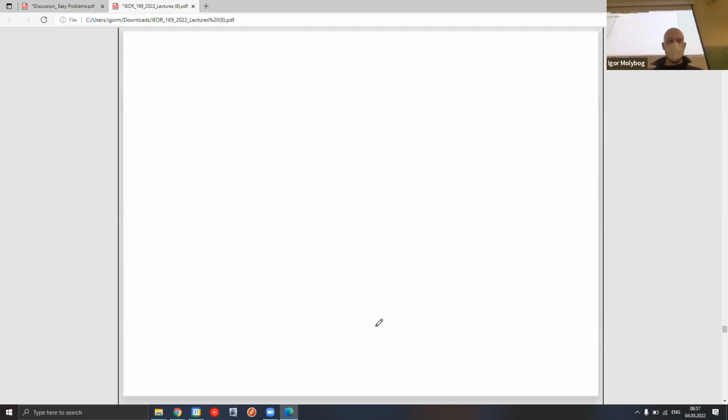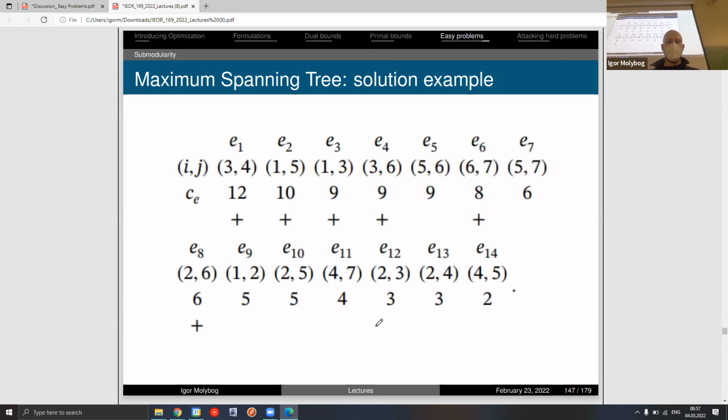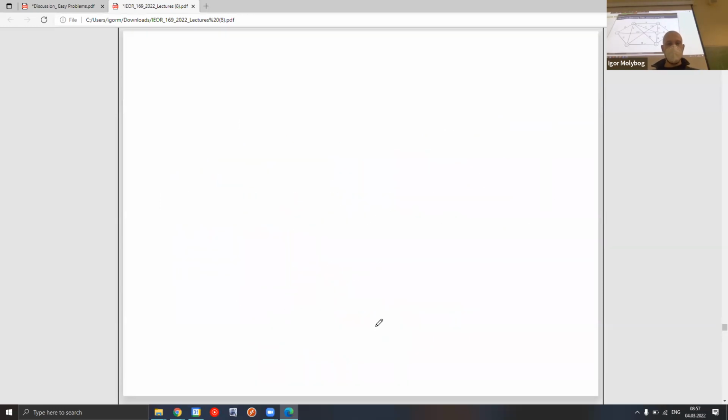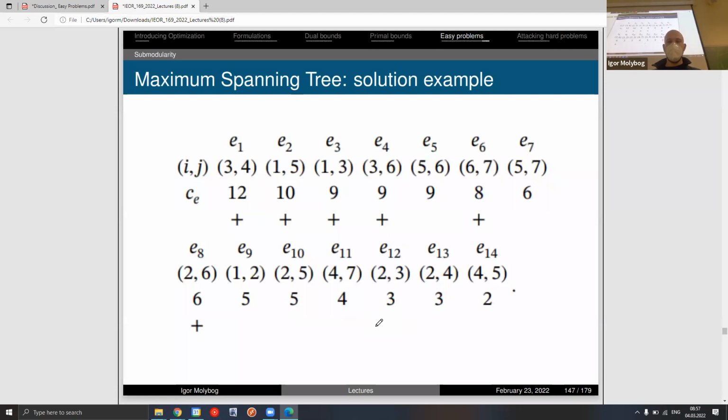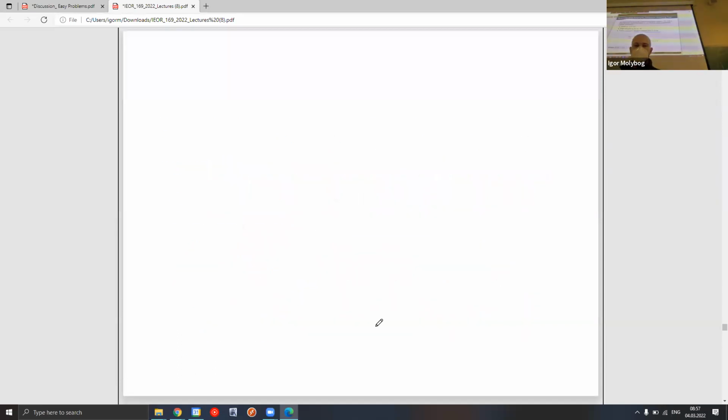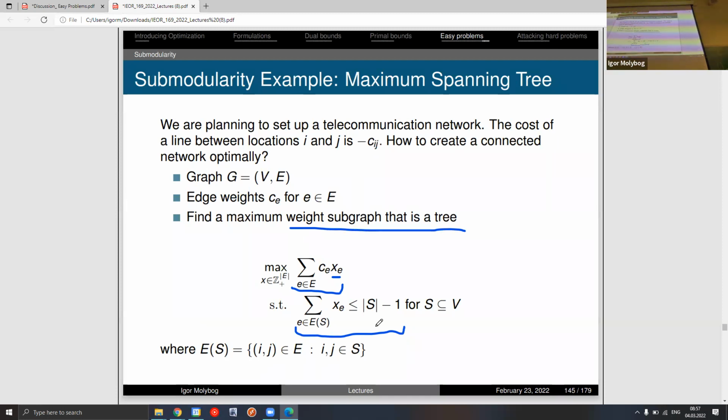Okay, so an example of application of the greedy algorithm is the following. We are ordering edges in this order. You can see that this problem here is a special case of this problem.